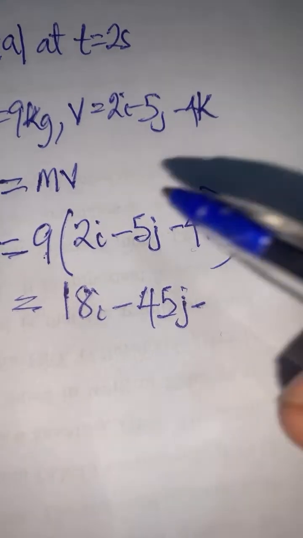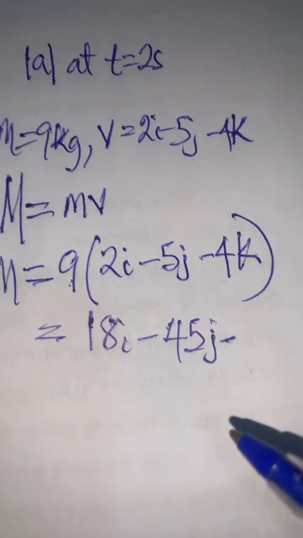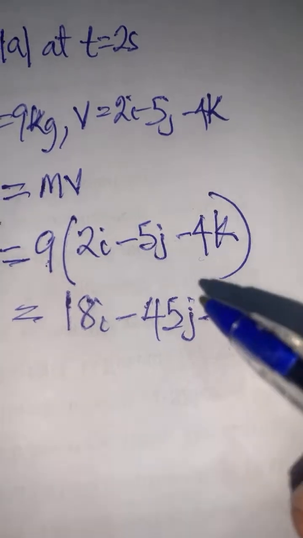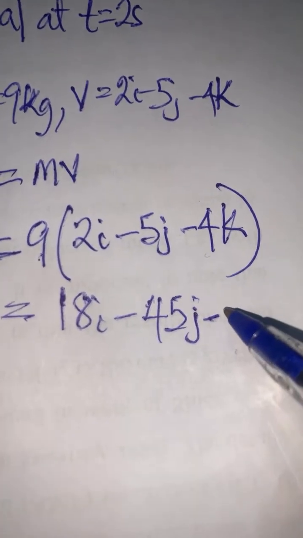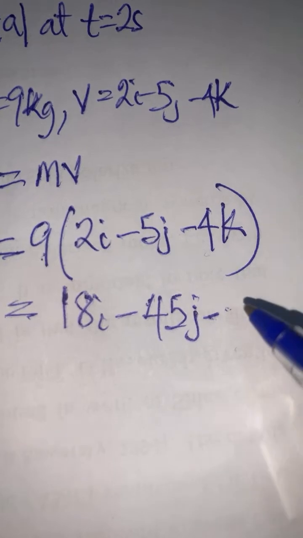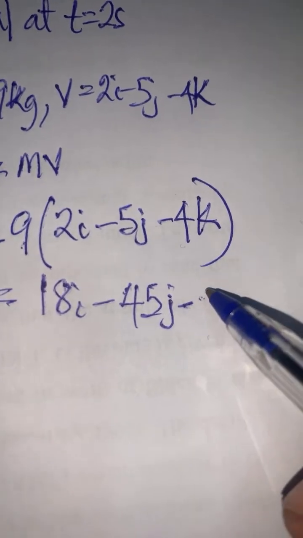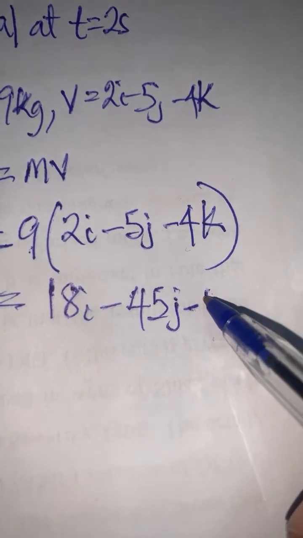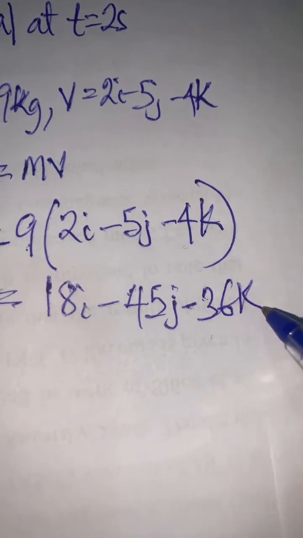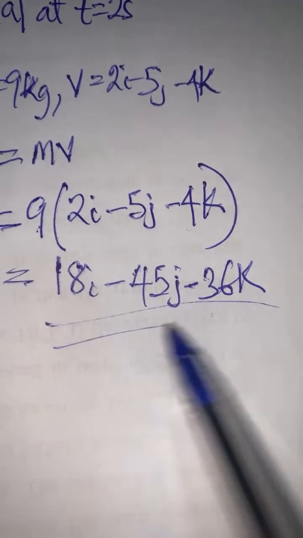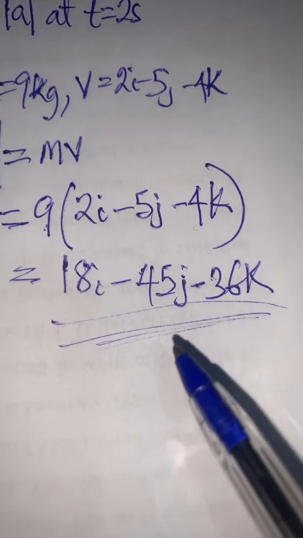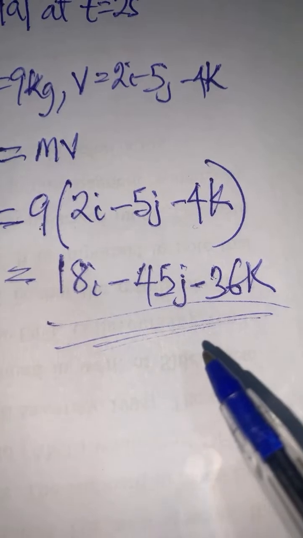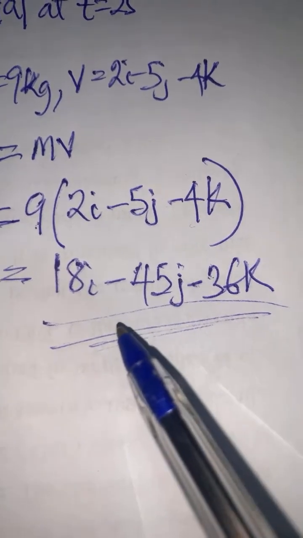Minus, somebody should tell us 9 times 4. What do we have? Okay, is that 36? 36k. So that's the answer.